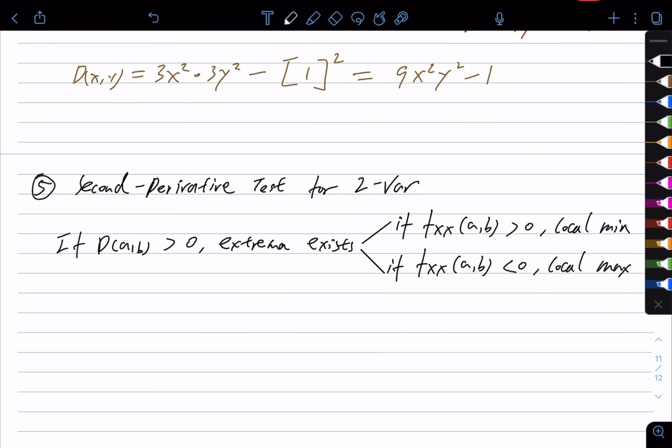And then if this discriminant is equal to 0, that means (a, b) is a saddle point.